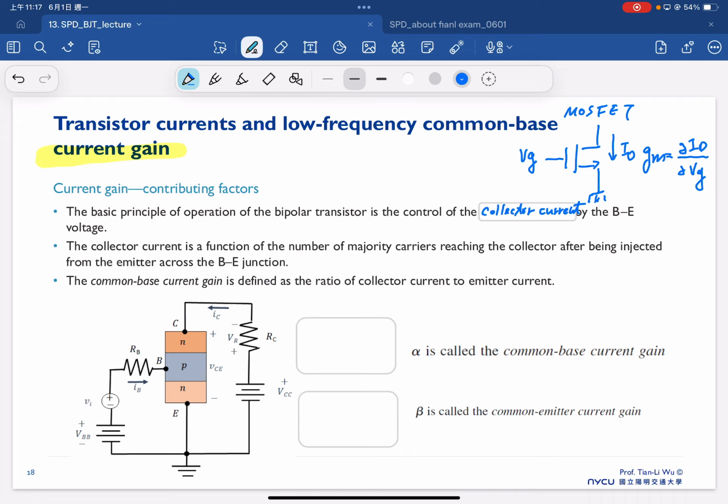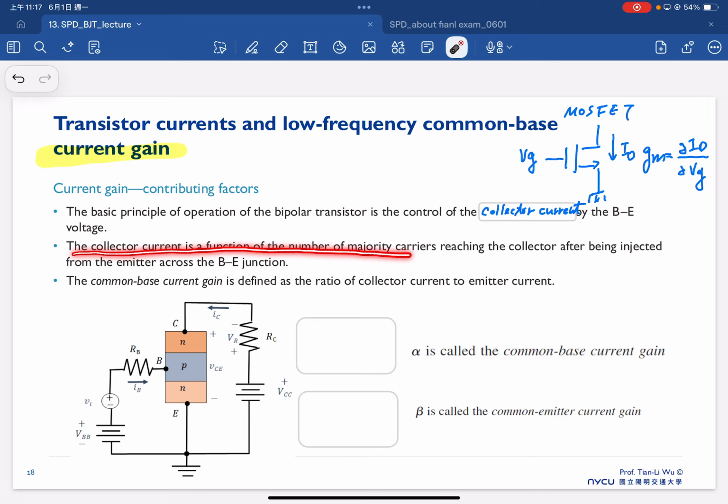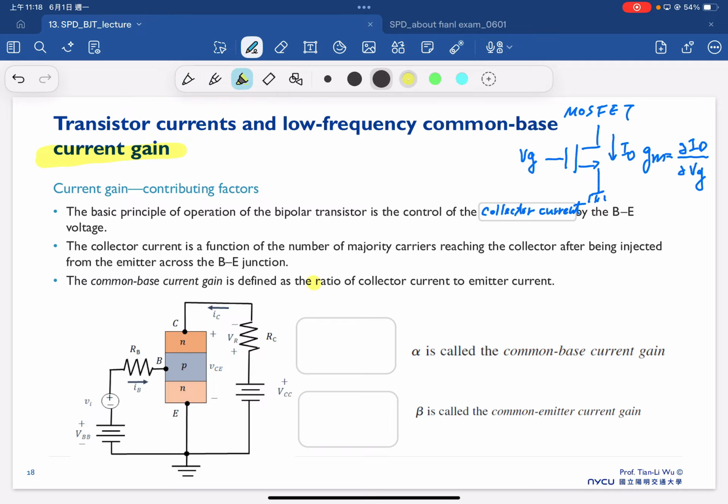So the collector current is a function of the number of majority carriers that reach the collector after being injected from the emitter across the base-emitter junction. And therefore we can define what we call the common base current gain. It's defined as the ratio of the collector current to the emitter current here.